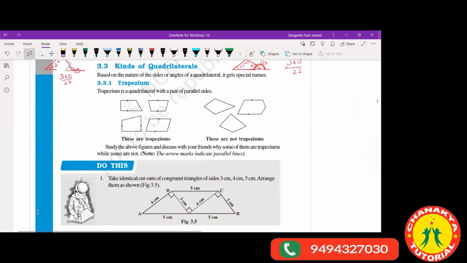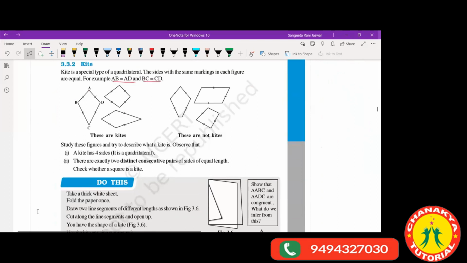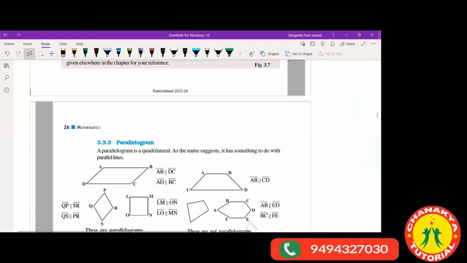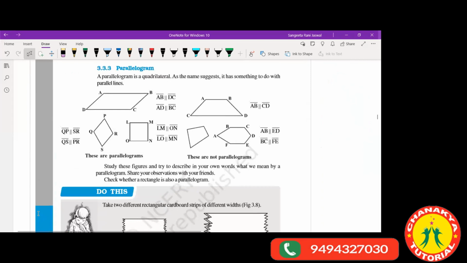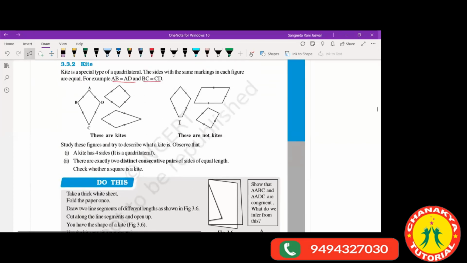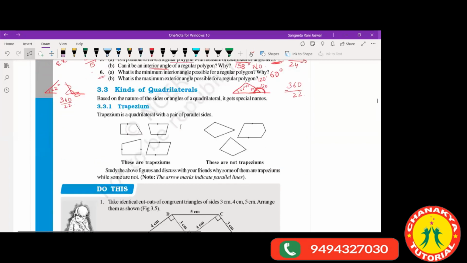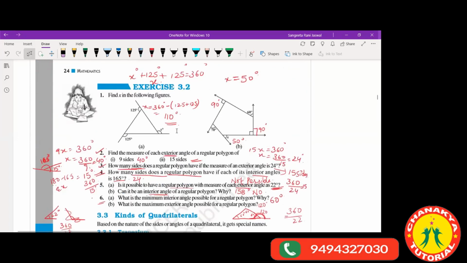We were finding the sides of a polygon. You remember that we were doing n minus 2 into 180, finding the sides of a polygon? Which exercise was that? You said 3.2. So 3.2 is this.